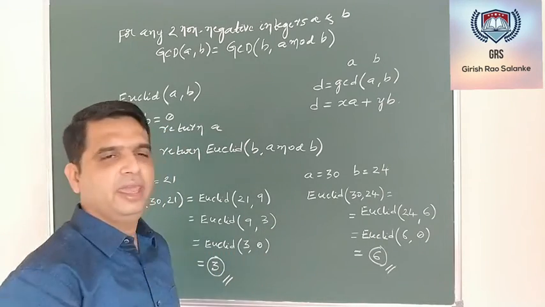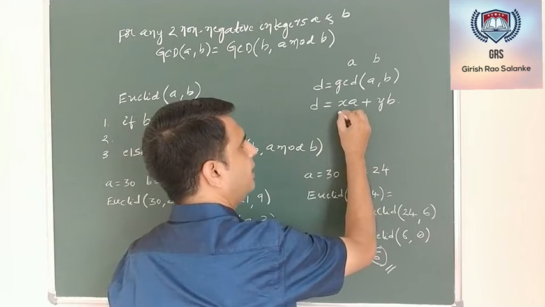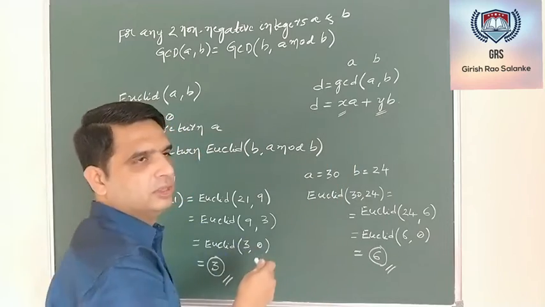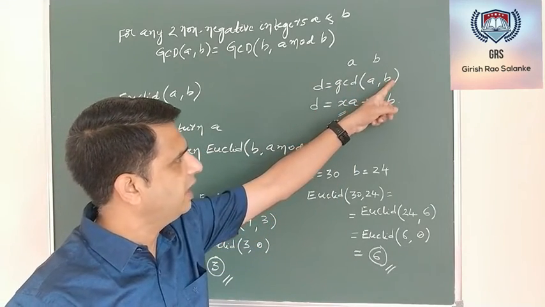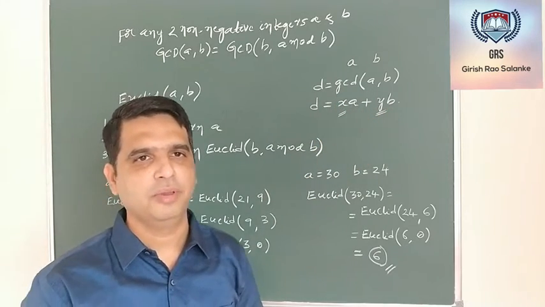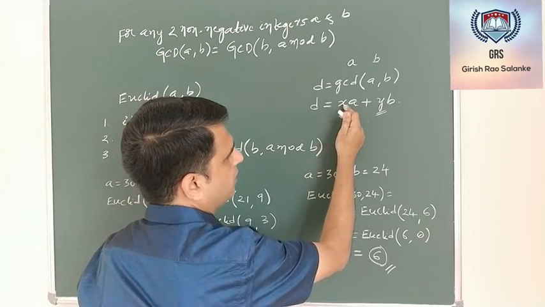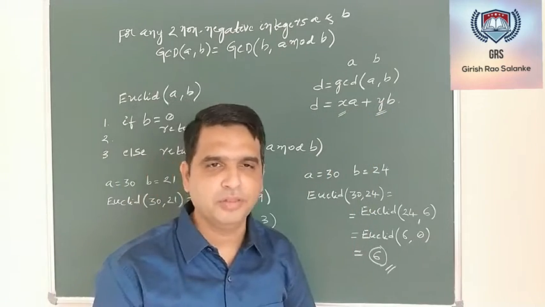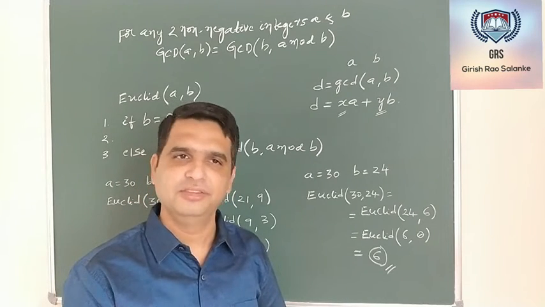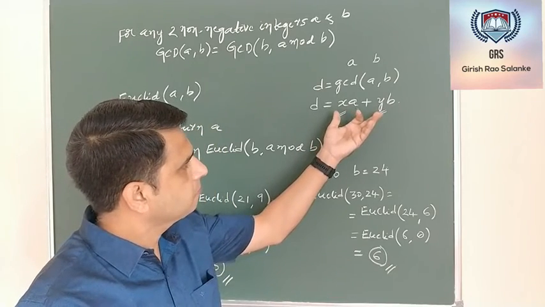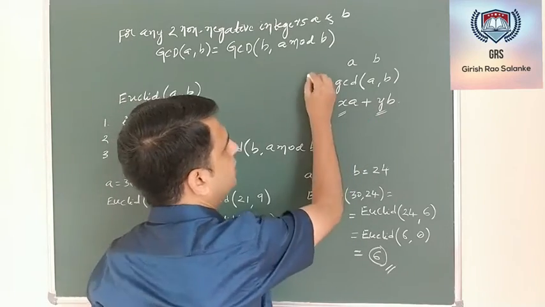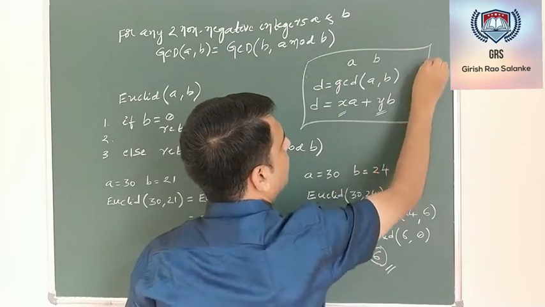With the help of the extended Euclid's algorithm, we are going to find the value of x and the value of y for which this equation is true. That means d, which is GCD of A comma B, should be equal to xa plus yb. These values x and y may be positive, negative, or even zero in some cases. So we use the extended Euclid's algorithm.